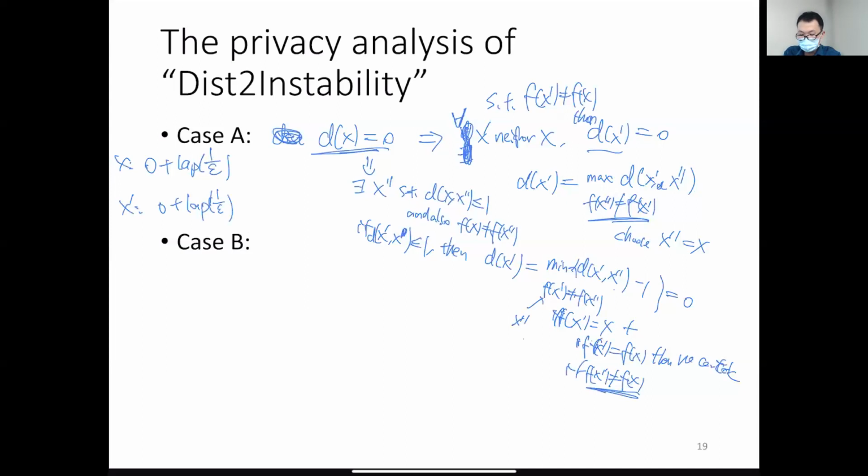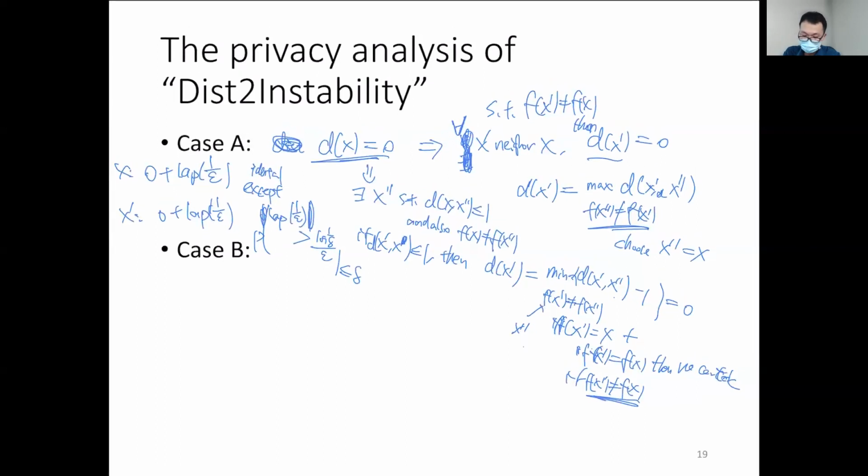And the output is identical, except when this Laplace 1 over epsilon is, I don't think they're absolute, larger than our predefined threshold, log 1 over delta over epsilon. And this happens with a probability smaller than delta. So in case A, effectively, we've seen that this is (0, delta)-DP.